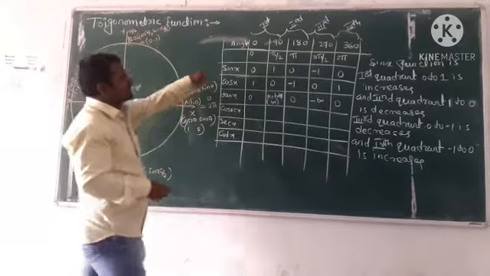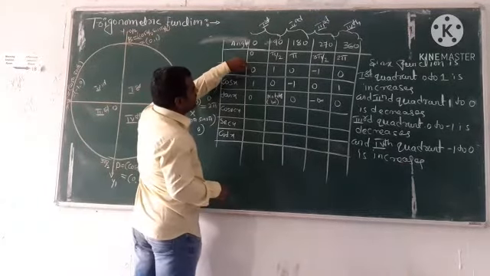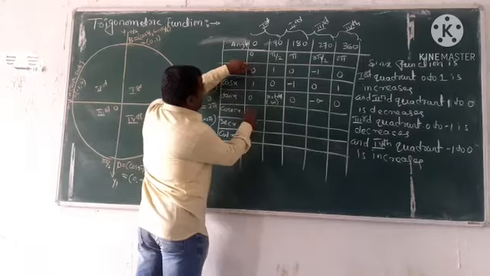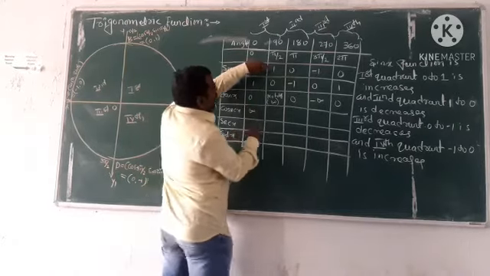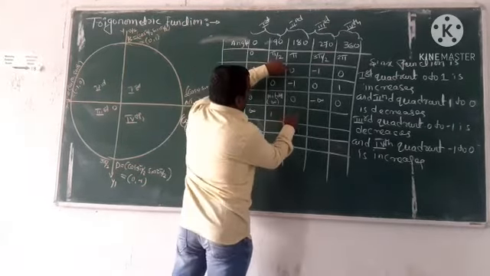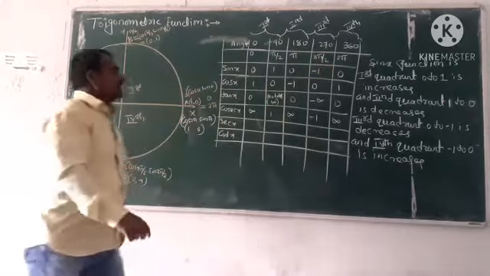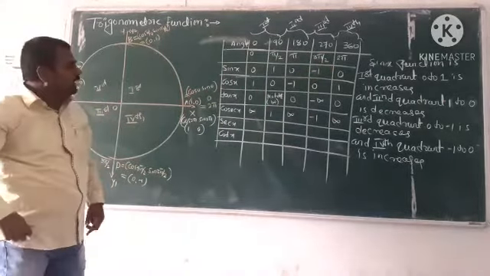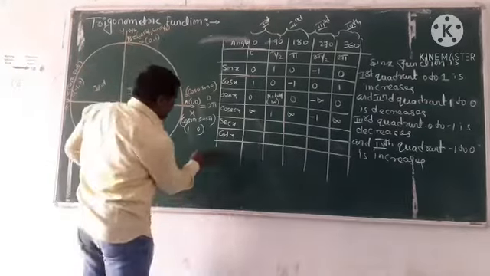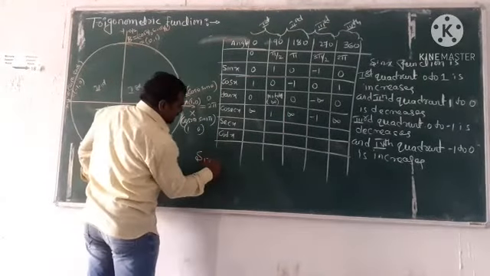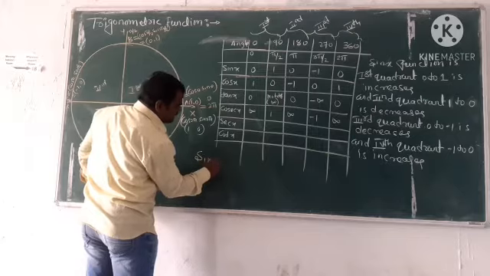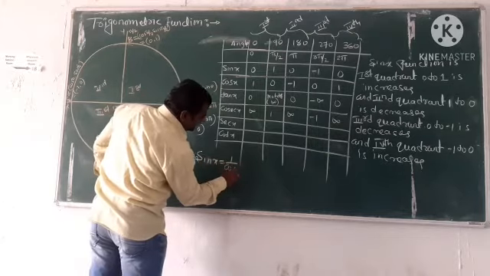So cosec x, you get a point: 1 by infinity. Cosec x is 1 by sin x, and sin x is 1 by cosec x.